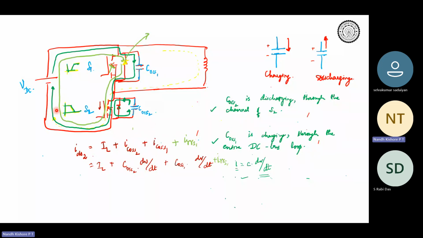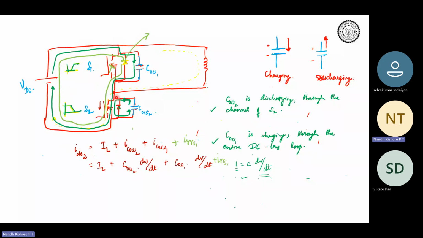Also, as S2 discharges, S1 will charge proportionally, because the total DC bus voltage is constant. So S2 discharges, S1 charges. S1 charging means the COSS1 current direction would be from top to bottom. If you trace back the current path, it will come from VDC through COSS1, then through the channel of S2 and back.